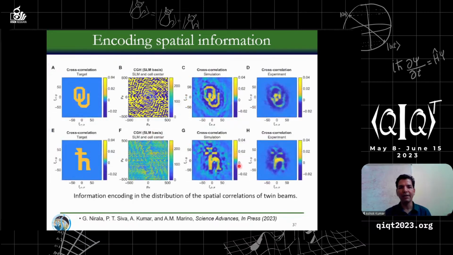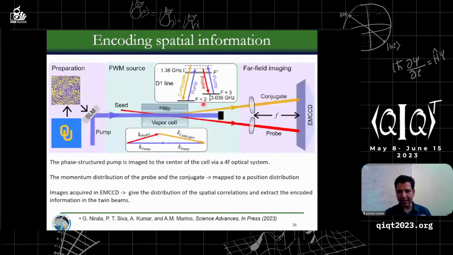So I will show some of the results that we have achieved. We use two spatial patterns, and these are the corresponding holograms. One interesting thing is, you encrypted some information in the pump, and you want to see whether that encrypted information is shared between the twin beams that you have created.